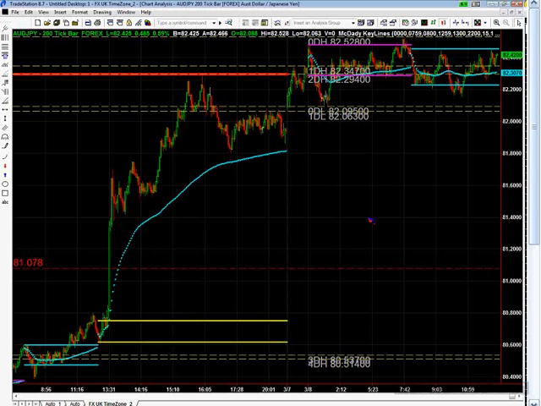So price behavior, when you talk about price behavior, you're talking about the behavior of the trader. Because the only way that you can see how another trader behaves is to look at the price action and decide how that trader is going to trade. So for example, take a look at the chart in front of you of the Aussie yen.